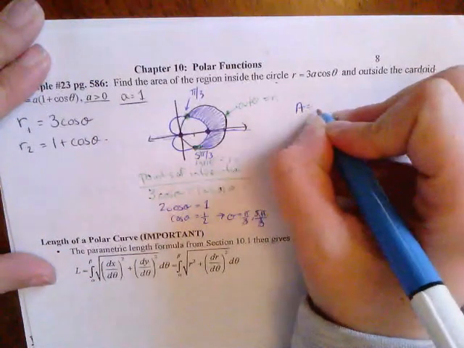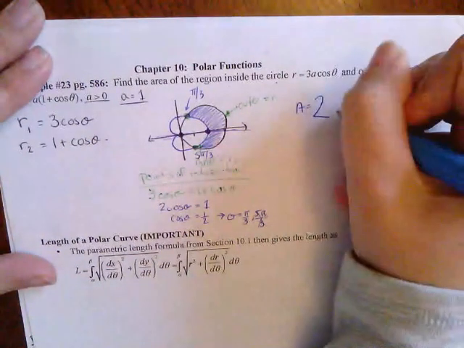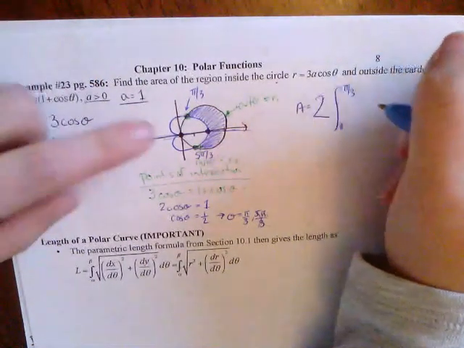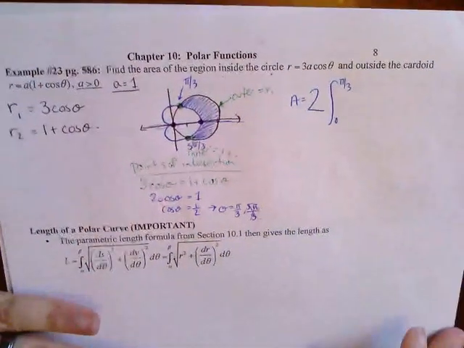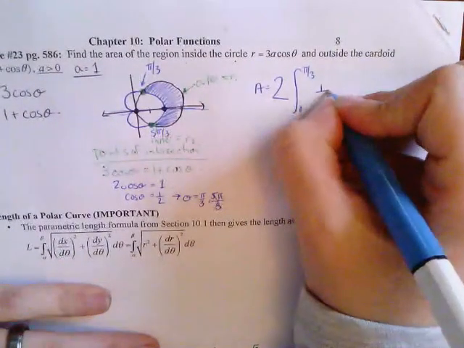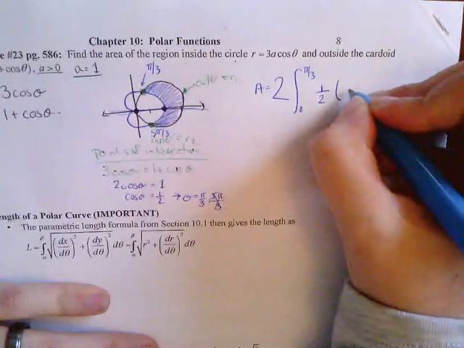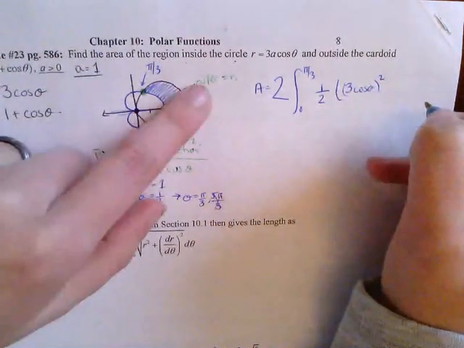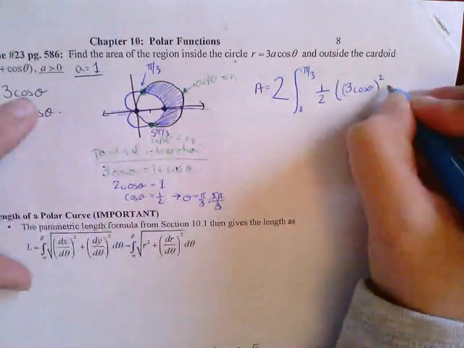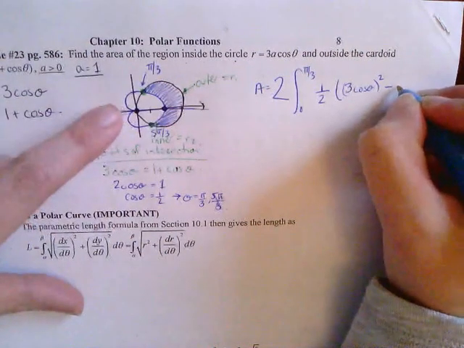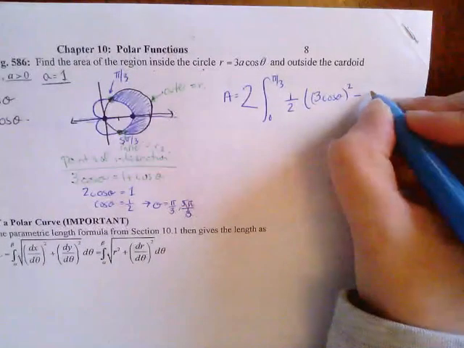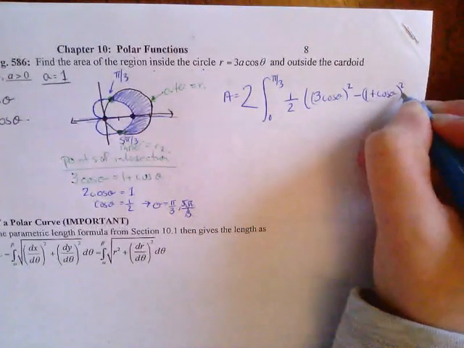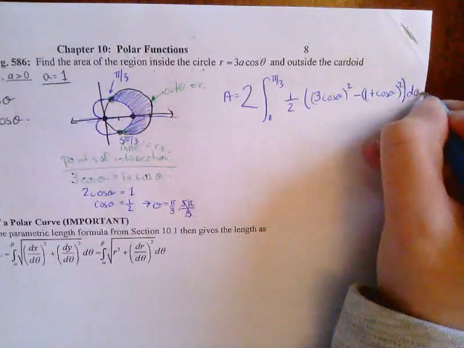So here my area is going to be 2 times the integral from 0 to pi over 3, because it's the top part and the bottom part. And then I'm going to use 1/2 times my outer, which is 3 cosine of theta squared, my outer, which is the circle, minus my inner, which is going to be 1 plus cosine theta squared, d theta.